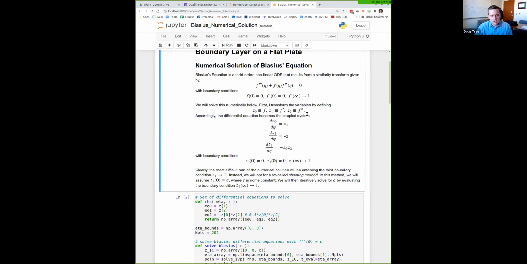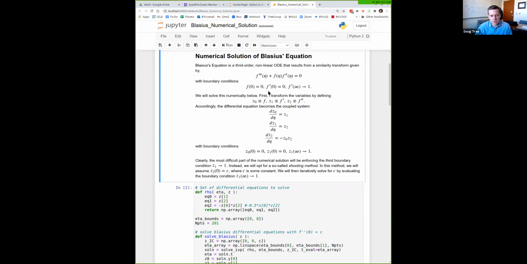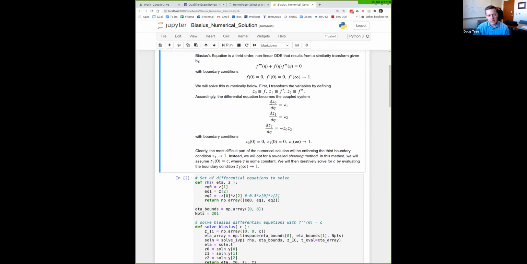Just like any high dimensional ODE, you define a set of variables, one for each derivative. So I define z0 as f, z1 as f prime, z2 as f double prime. If you plug those in, the derivative of z0 with respect to eta is z1.